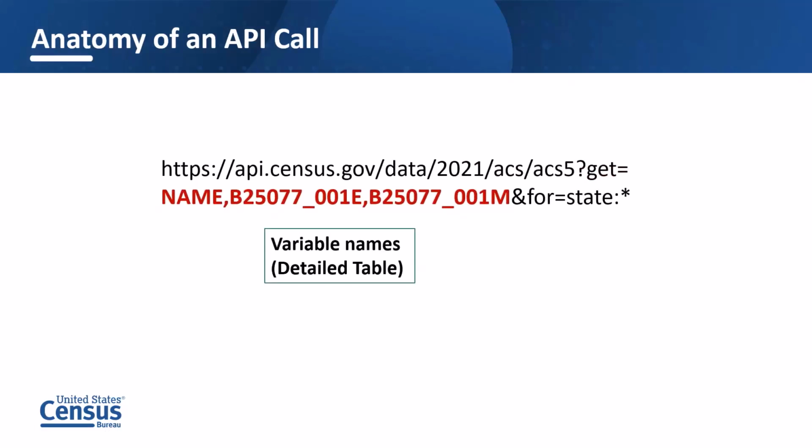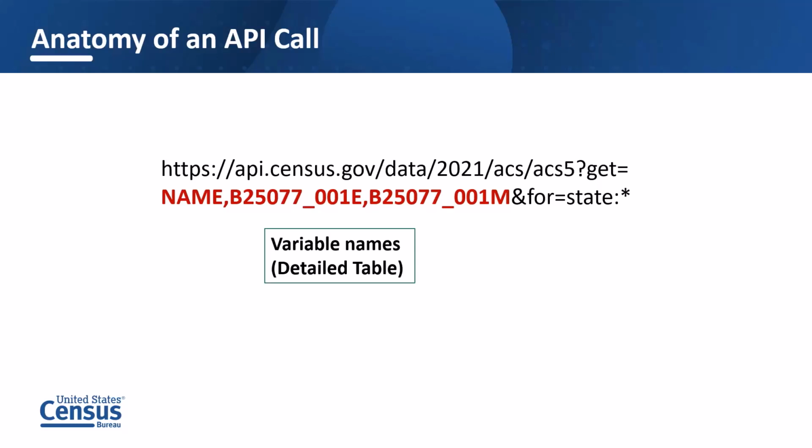Here, I've added the variables B25077_001E, which is the ACS estimate for median home value, and B25077_001M, which is the margin of error. The 001 included in the variable name just indicates that it's from row 1 of the B25077 table. And as we saw, that table only had one row.